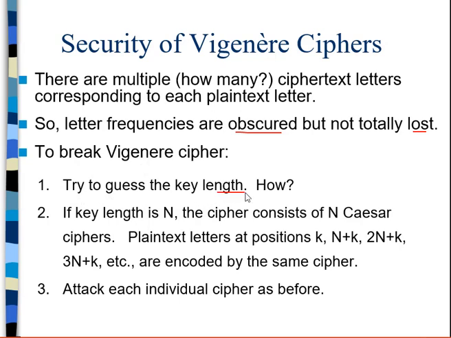Normally, for instance, in English, the most common length of a word is 5. Hence, the key length could be 5 at first.